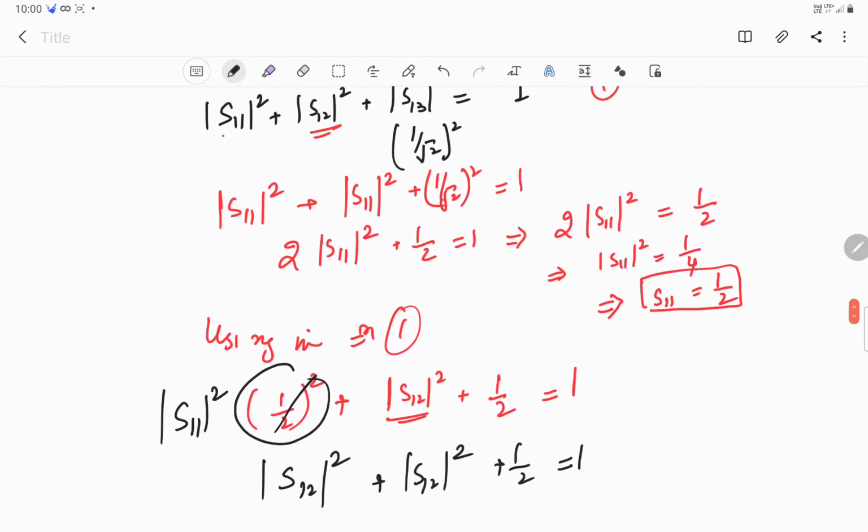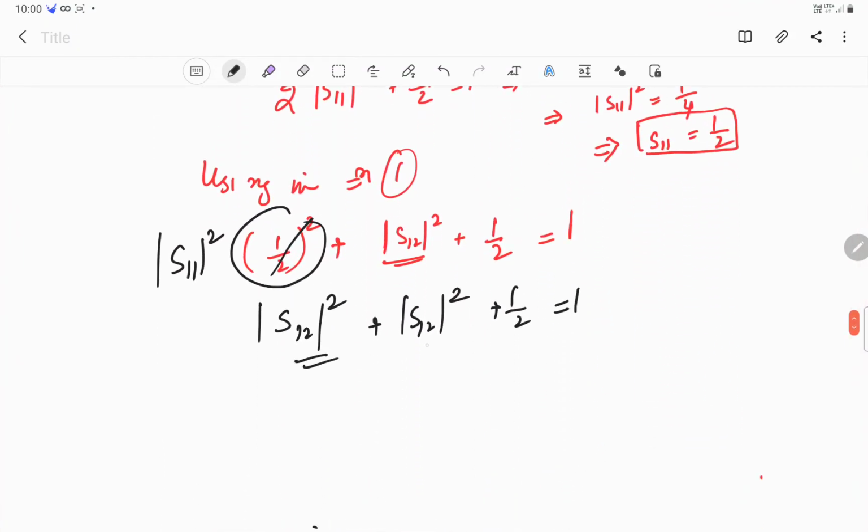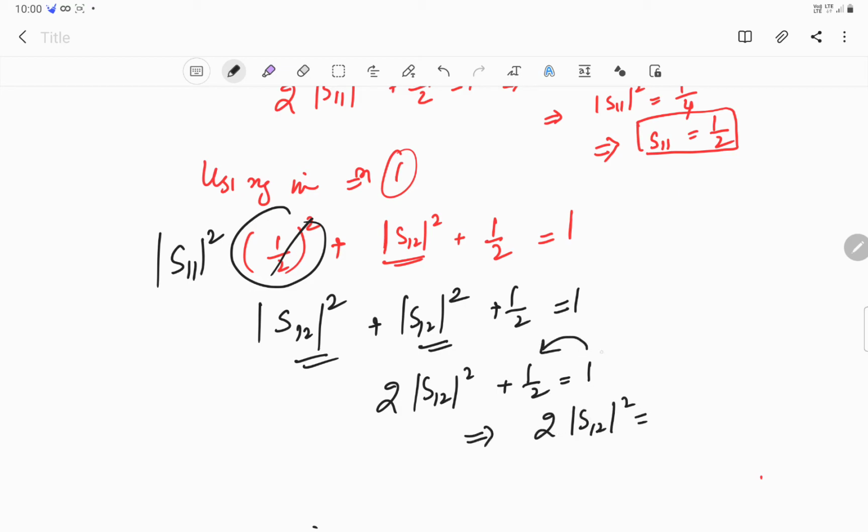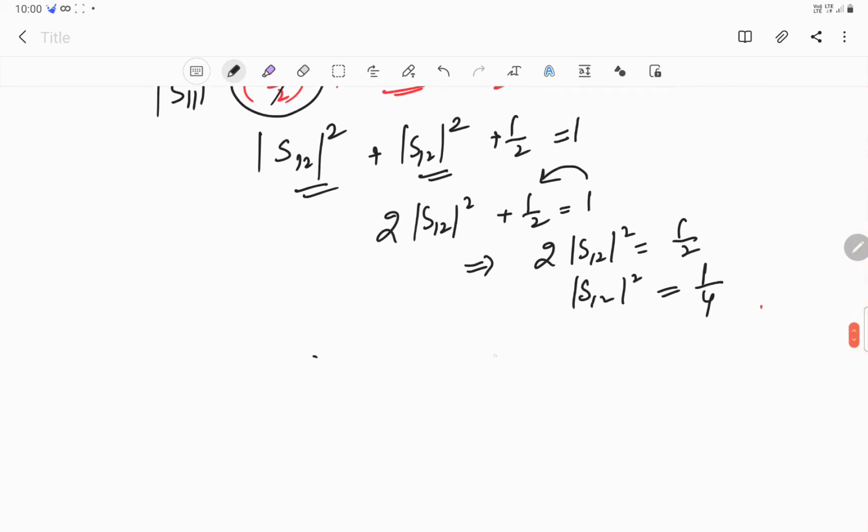So 2 times S12 square plus 1 by 2 is equal to 1 implies 2 times S12 square is equal to 1 minus 1 over 2, which would be 1 over 2. So that means S12 square is equal to 1 upon 4, which means S12 is 1 over 2.